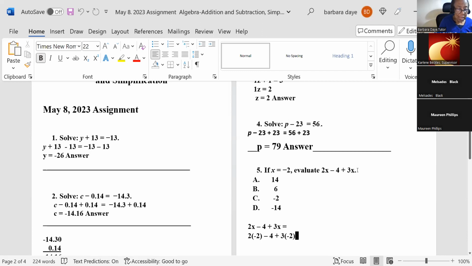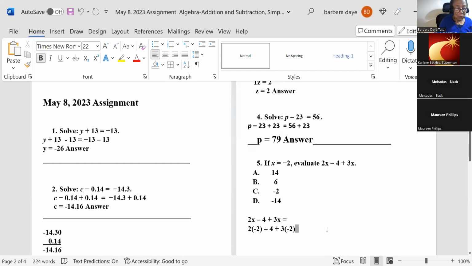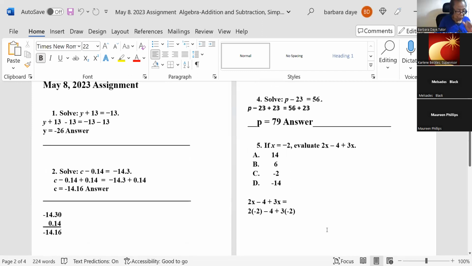The 3x is now 3 times a minus 2. Got it? You're substituting the variable. That's what you're doing, substituting the variable. And the variable is the x, and it's a minus 2. So wherever you see an x, you want to put a minus 2.